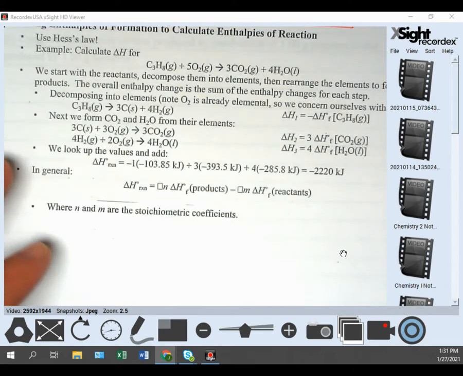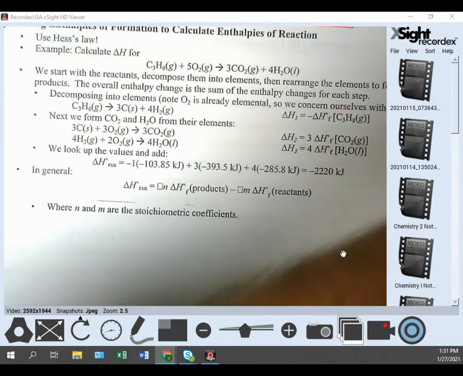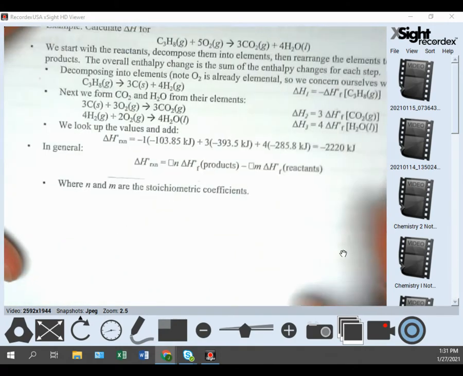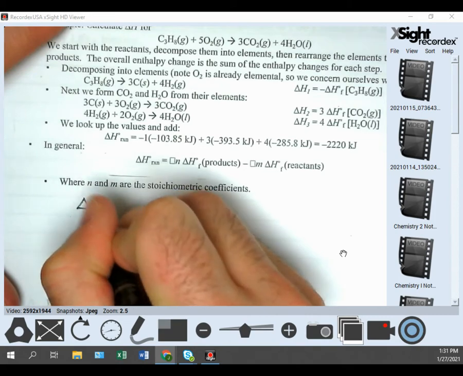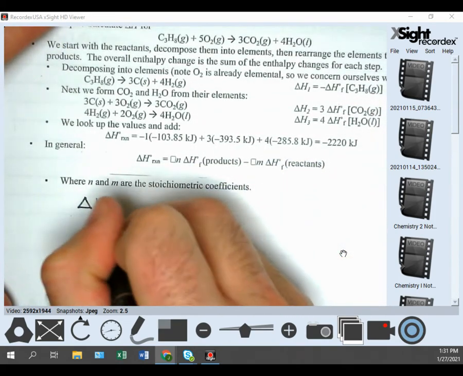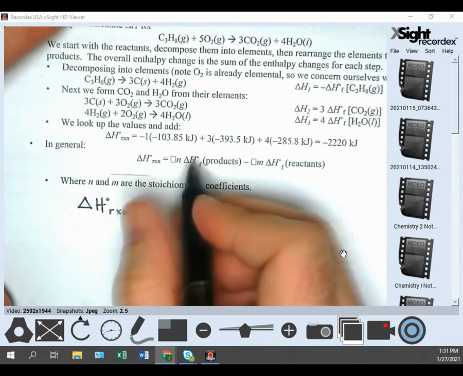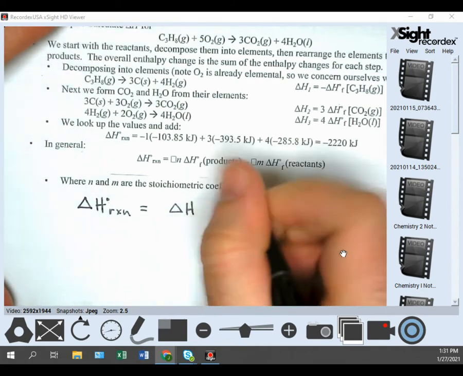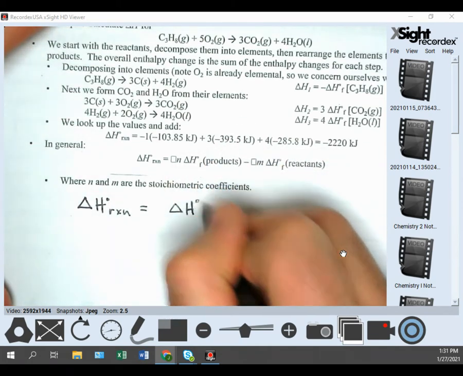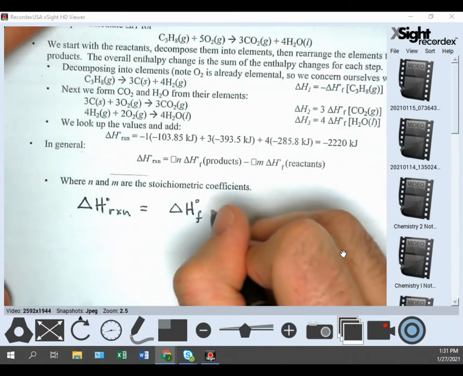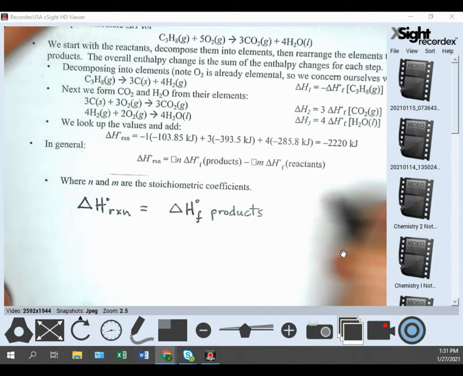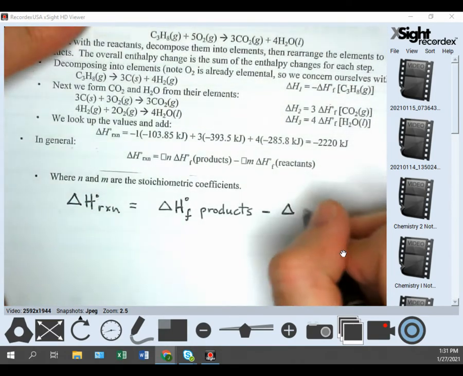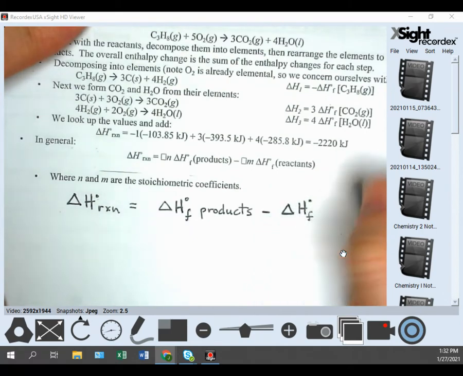Okay. So essentially, what you do is the delta H prime of the reaction is equal to the delta H prime of formation of the products minus the delta H prime of formation of the reactants.